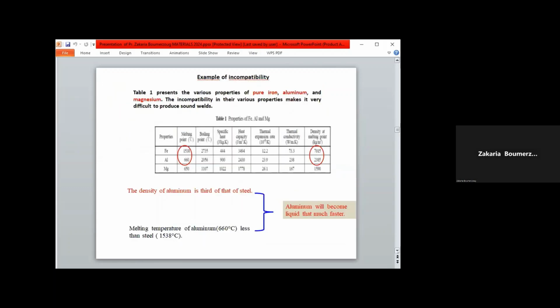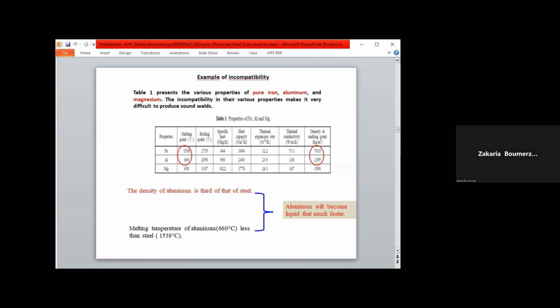Example of incompatibility between 2 dissimilar metals. If we take iron and aluminium, for example steel with aluminium, in general there are two characteristics.